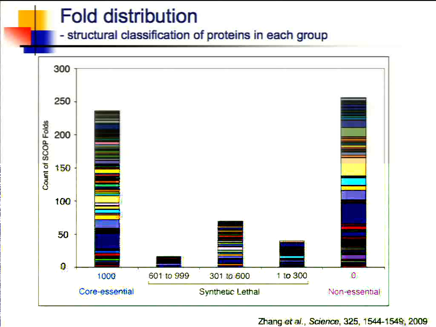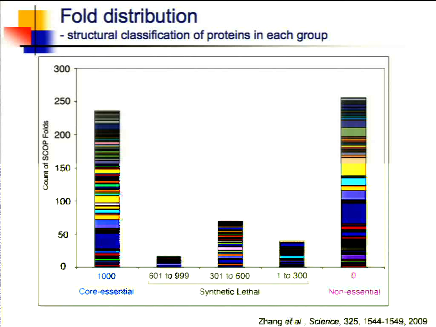Based on this classification, we can look at the three-dimensional topological features of the proteins that compose each of the three categories. We see that core essential genes are composed of a larger number of protein families, but each family has fewer representatives. Here, the families we're looking at are the protein fold families defined by SCOP.